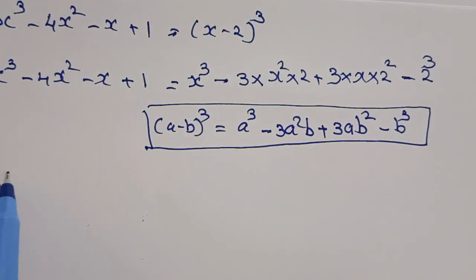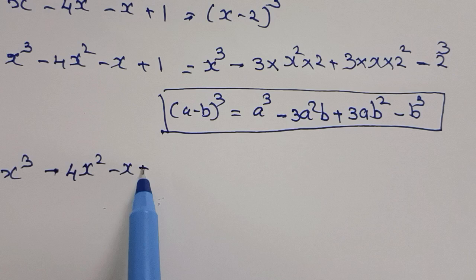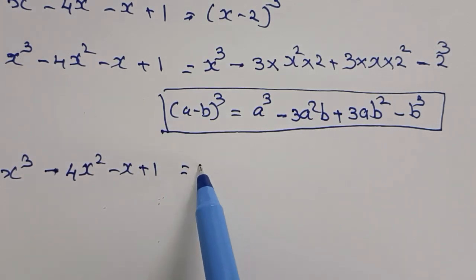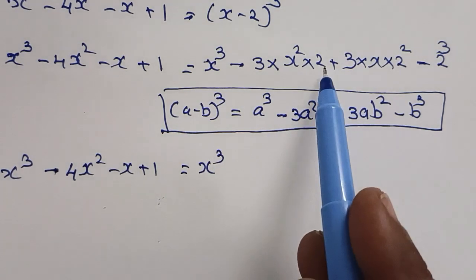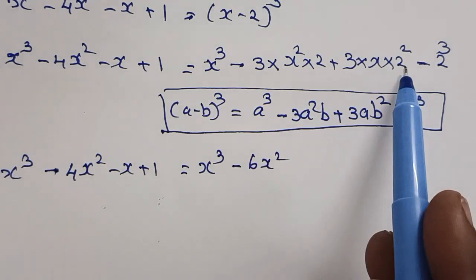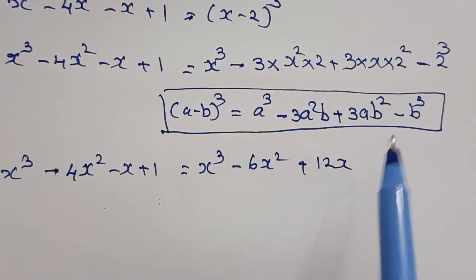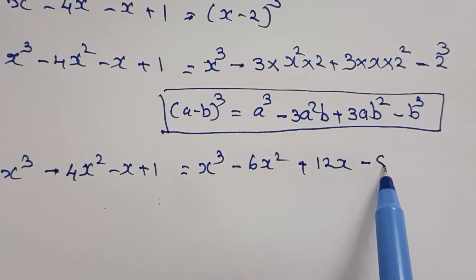That is x cube minus 4x square minus x plus 1 in LHS. RHS it is x cube. Now 3 into 2, that is minus 6x square. Now 2 square 4, 4 into 3, plus 12x, minus 2 cube, it is minus 8.